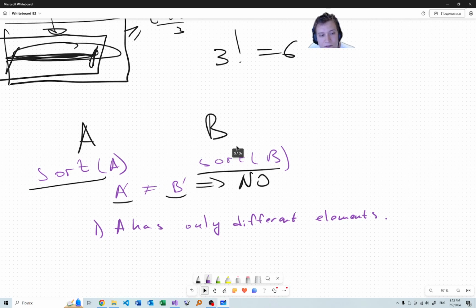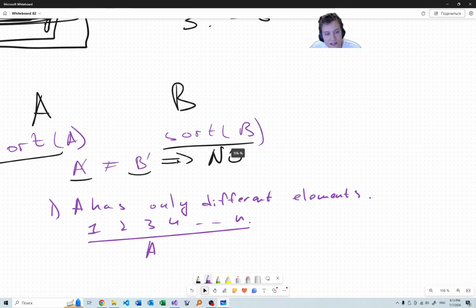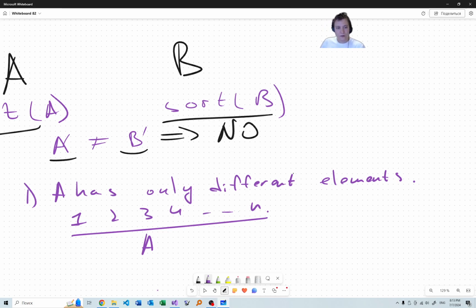Let's rename them so that these elements are just 1, 2, 3, 4, up to n, and pretend that they are from this set. Then A and B are just two permutations. So A is from the symmetric group Sn, and B is also from the symmetric group Sn.